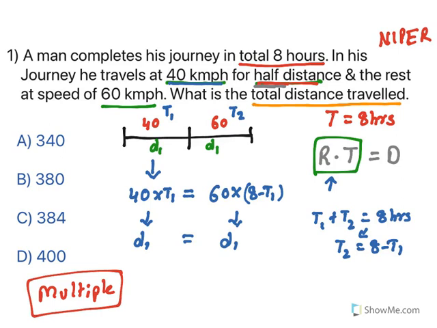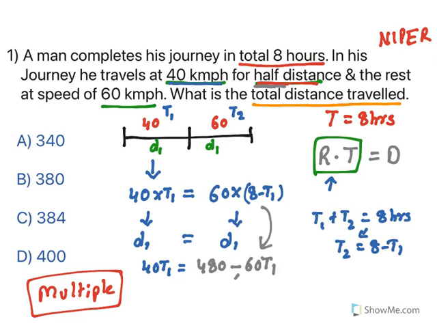Now, what does this give? 40 T1 equals 60 into 8, which is 480, minus 60 T1. See, this is what is transformed like this.